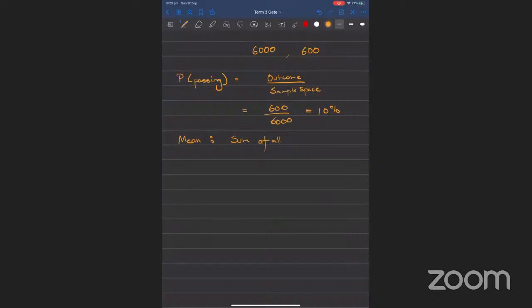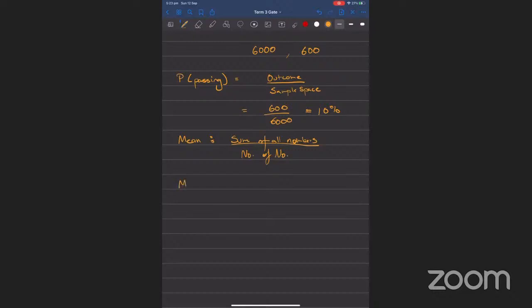Good job. So it's the sum of all the numbers. You add up all the numbers, and then you divide by the number of numbers. Melvin, is it basically averages? Mean is, yep, you're right. Mean is another word for average.